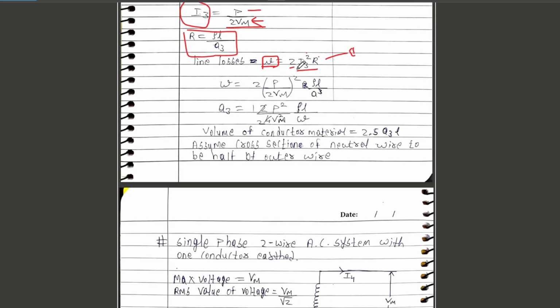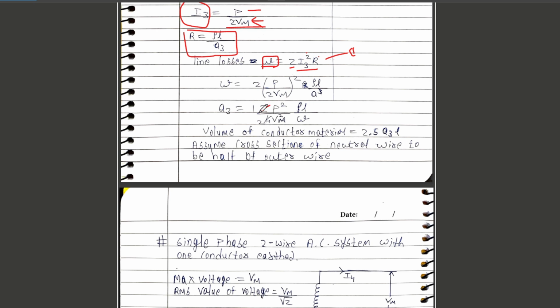So putting the value of current and resistance, we will get P by 2 Vm the whole square. Resistance will be rho L by A, where A is the cross-sectional area of that system or conductor. So rewriting this equation, we will get A3 as 2 P square upon 4 Vm the whole square into rho L by omega.